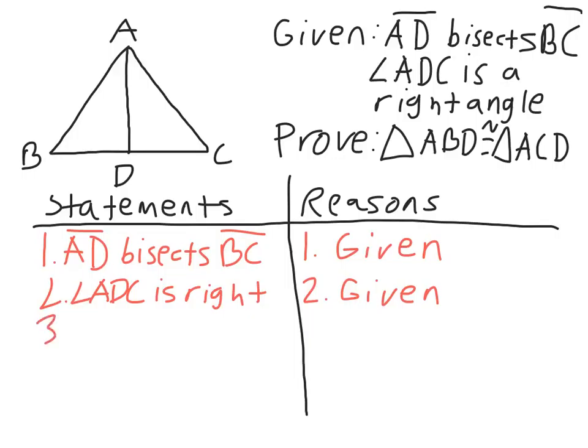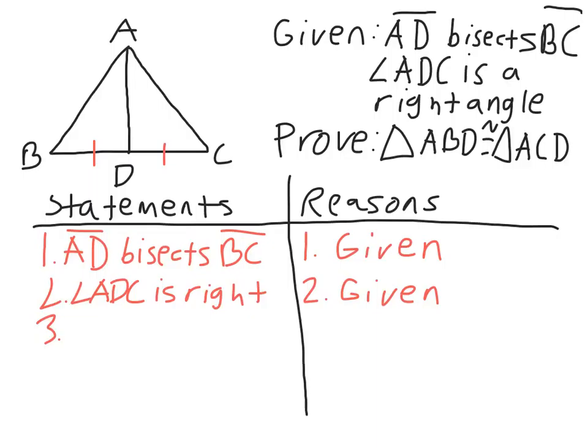So our third thing is to pick something that will allow us to get to saying that the triangles are congruent. The first thing that we are given is that AD bisects BC. So if AD bisects BC, that means BD and DC are congruent. And I'll even mark it right here.